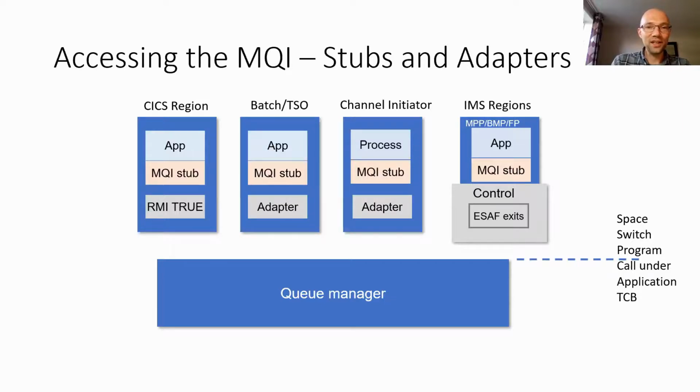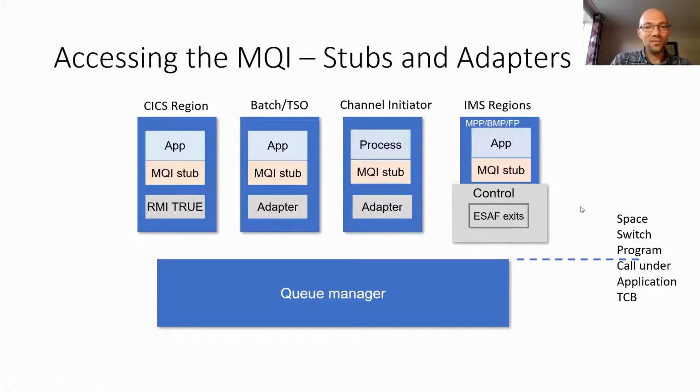And so that's why you don't have to recompile your application whenever you upgrade MQ, because that MQI stub is tiny. It doesn't change very often, if at all. It's compatible with different versions of MQ. So you can still call into different versions of queue manager without having to recompile your application.